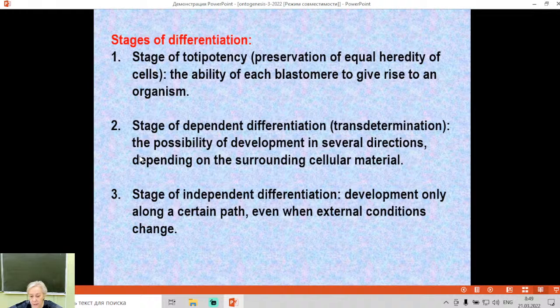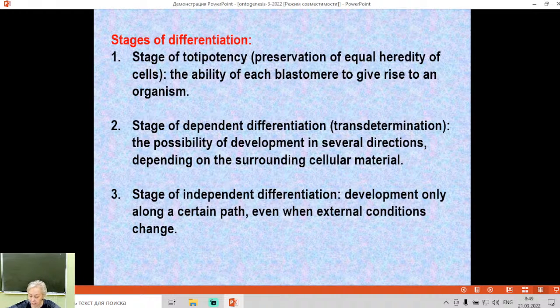Next stage, state of dependent differentiation, transdetermination. The possibility of development in several directions depending on the surrounding cellular material.